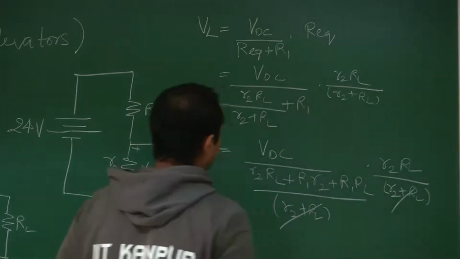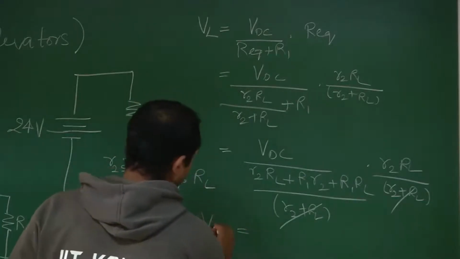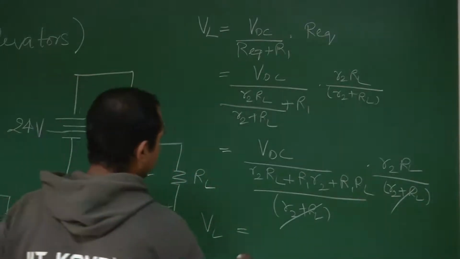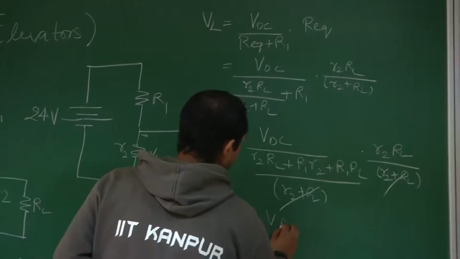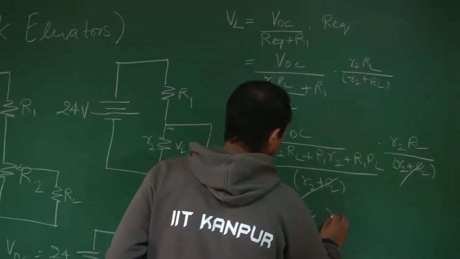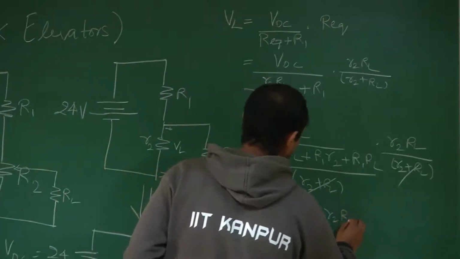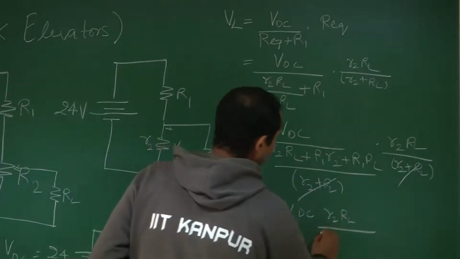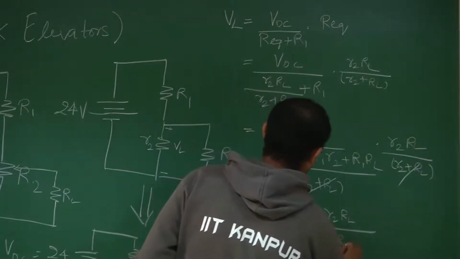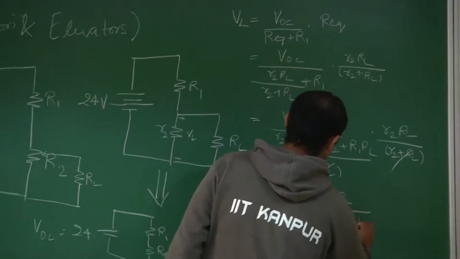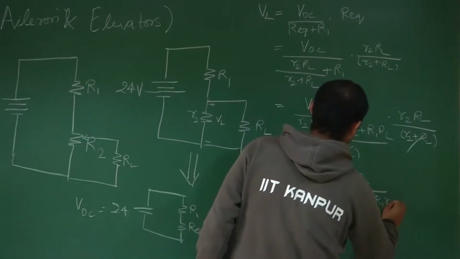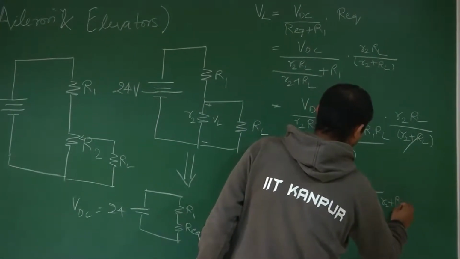This and this will get cancelled, and your voltage across that load resistance will be VDC into R2 RL divided by R2 RL plus R1 R2 plus R1 RL.